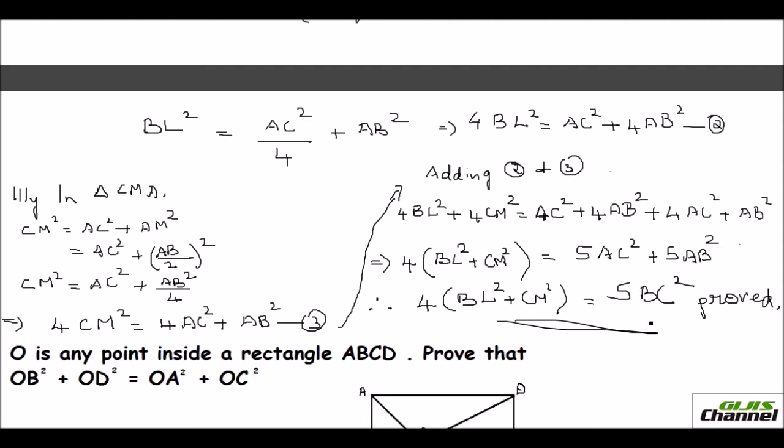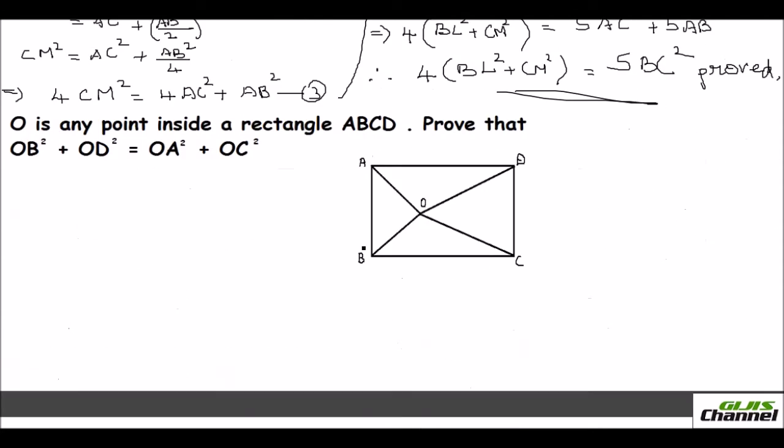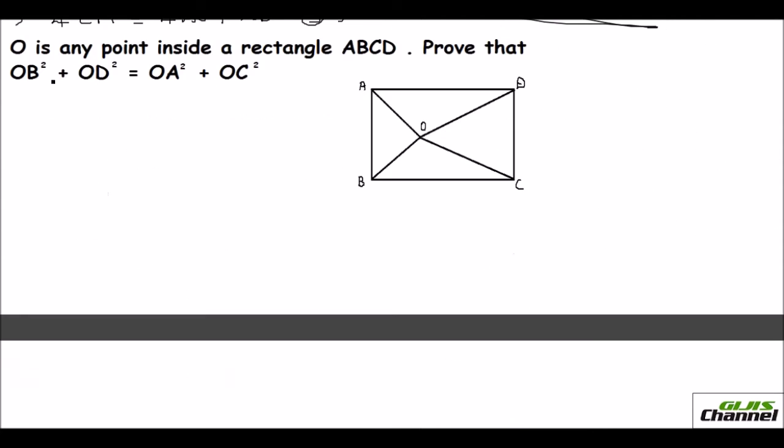Okay. So next question is, O is any point inside the rectangle ABCD. Prove that OB square plus OD square is equal to OA square plus OC square, right? Now again, we need to solve this. You know what is given.